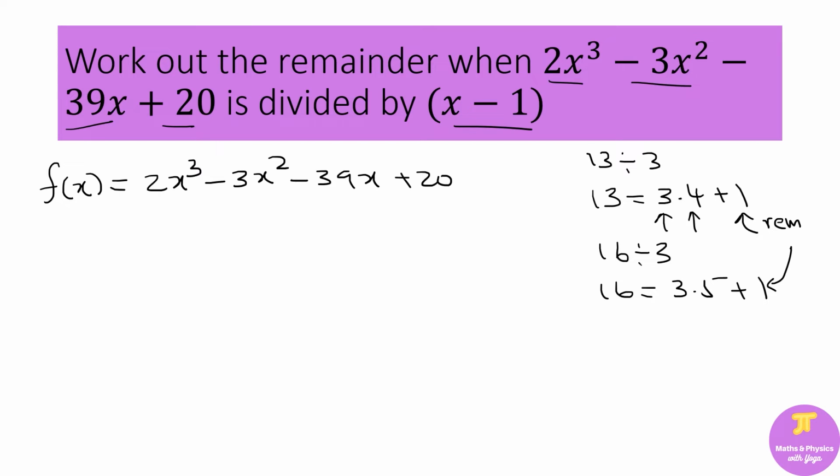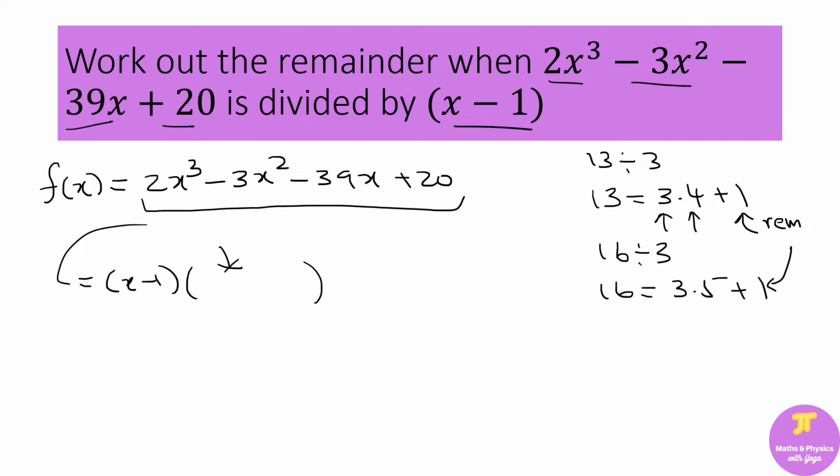So if you want to find the remainder when you divide by x minus 1, you need to convert this into, let's say, x minus 1 times something. We don't know what the quotient is going to be, and you will get some remainder.